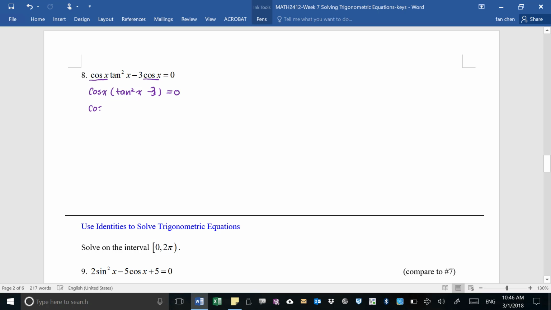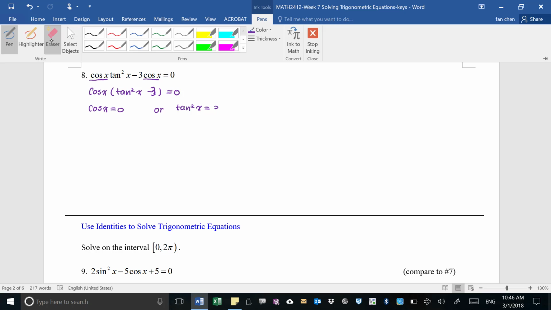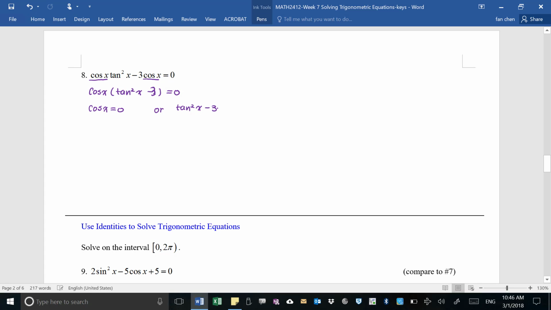You can set cosine x equals 0, or tangent squared x minus 3 equals 0. So from here you can see cosine in the 0 to 2 pi period, x must be equal to pi over 2 or 3 pi over 2.